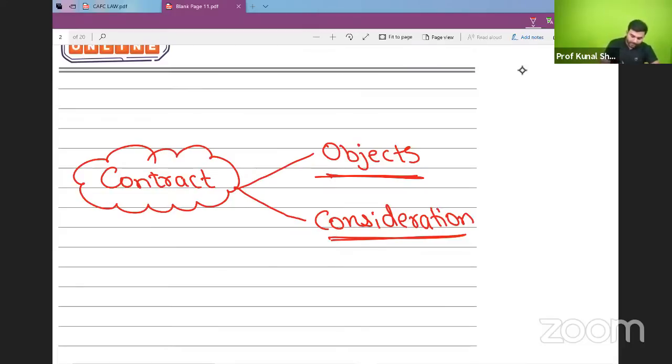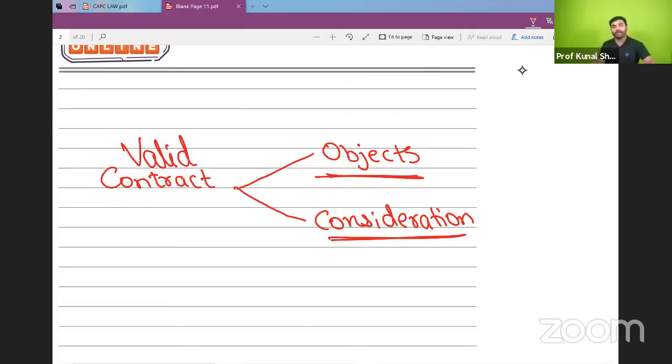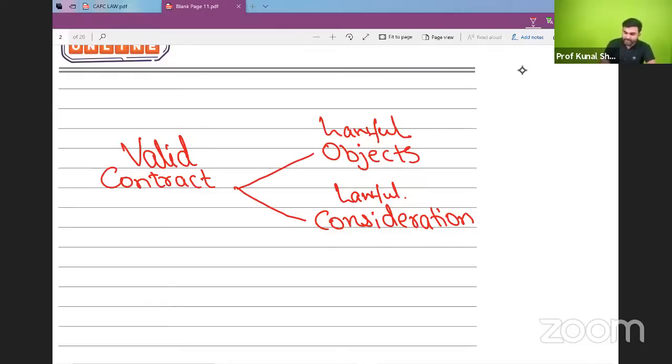But whenever we want to form a valid contract, law says that inside every contract the object shall be lawful in nature, and the consideration shall also be lawful in nature.